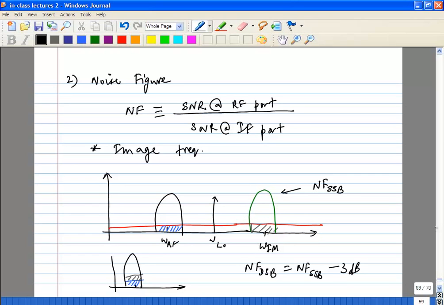So the thing to remember is, at the input, your noise looks like this. What happens is, just like your signal effectively folds over around your LO, remember that? So this one goes to IF, this one goes to IF also. Just like that, the noise above LO will also come down around this.